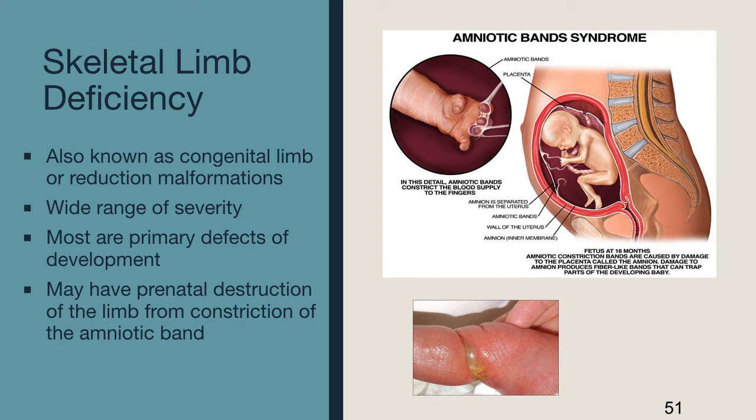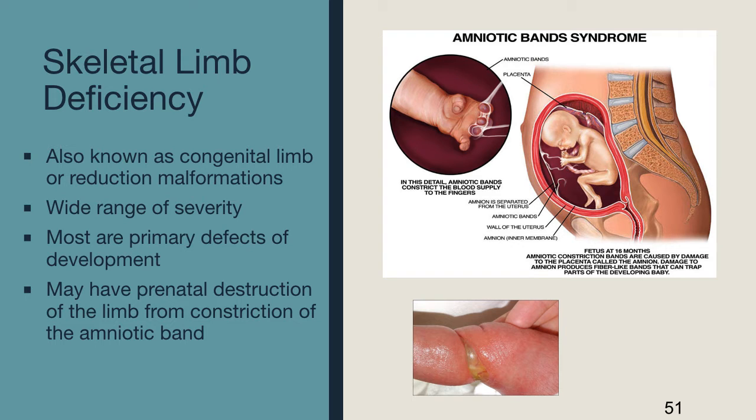Well, these amniotic bands can exist anywhere. They can be around the head, they can be around a leg, they can be around fingers, they can be around toes, they can be around an entire leg. So it's not especially uncommon for us to see babies born that have had amniotic band syndrome.